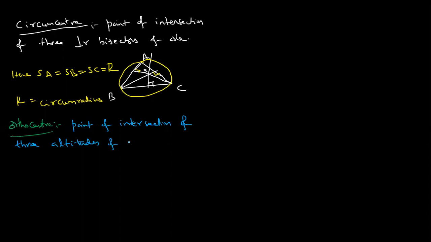Altitude means, in triangle ABC, draw the perpendicular. Point of intersection. Draw the perpendicular, D, E, F. Generally, we take this one as O or H. Okay? That's the meaning.